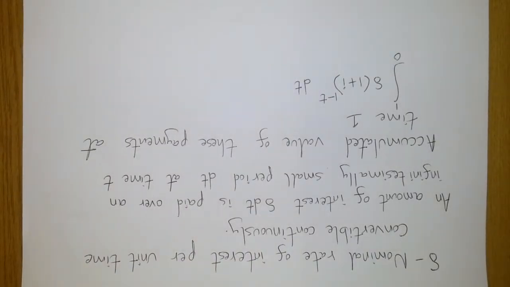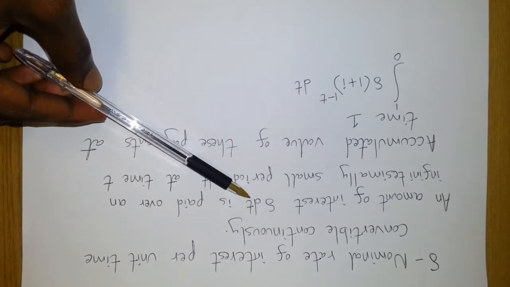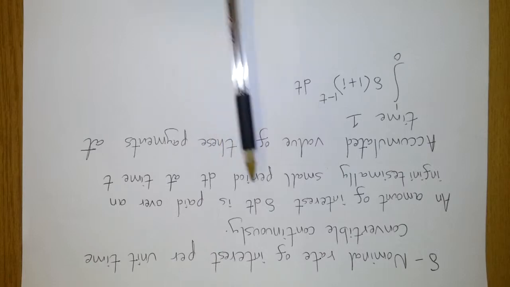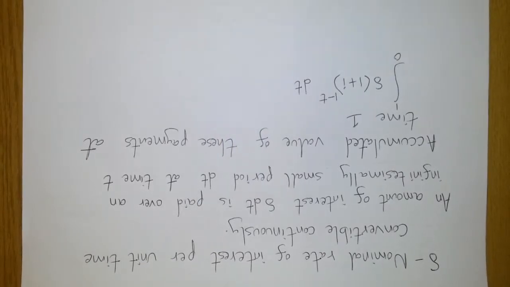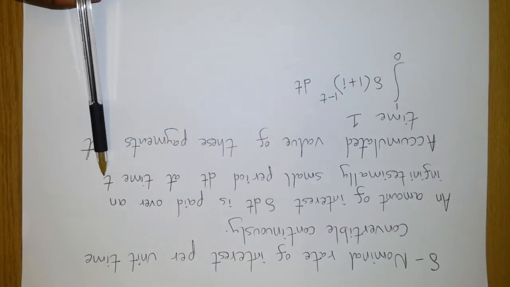Now, if you can remember, we defined delta to be the nominal rate of interest per unit time convertible continuously. Now, in a case where delta is constant and defining a period dt as a really small period of time, if we multiply delta by dt, it is simply the amount of interest paid over a really small period of time dt, and this interest is paid at time t.